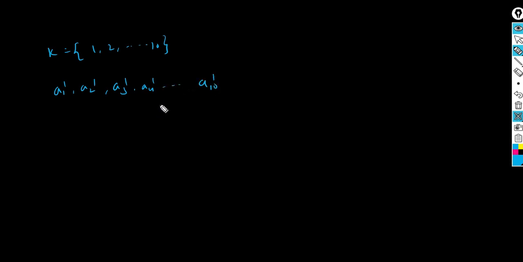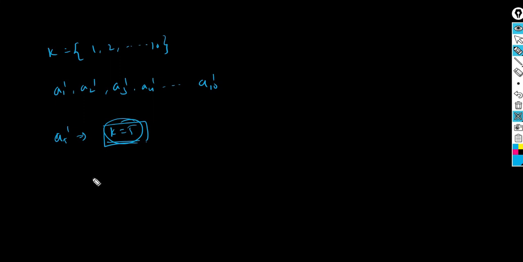Now we will check the best accuracy, that means which k value gives the most accuracy. With that k value we get the best k value. Let us suppose A5 dash is the highest. That means we are going to consider k equal to 5.